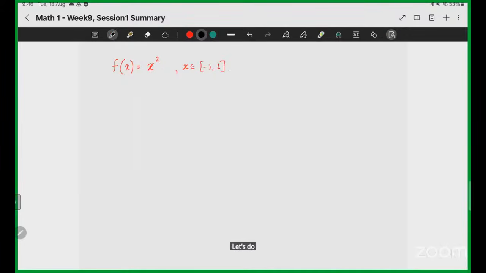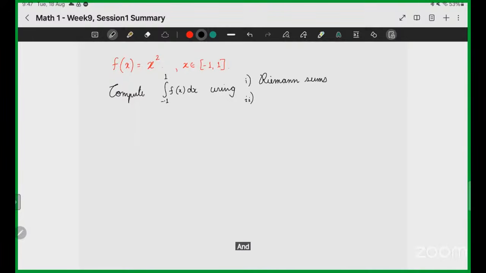Let's compute the definite integral from minus 1 to 1 of f of x dx, one, using Riemann sums, and two, using the fundamental theorem of calculus.